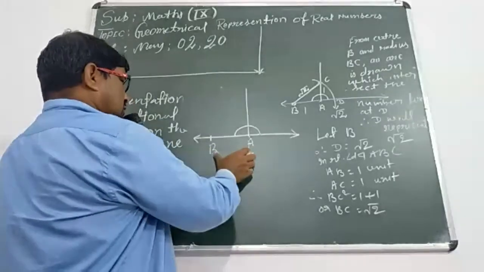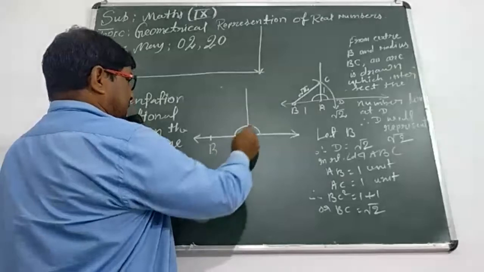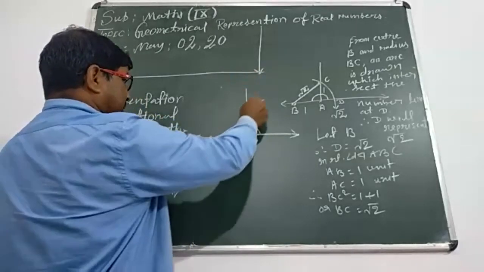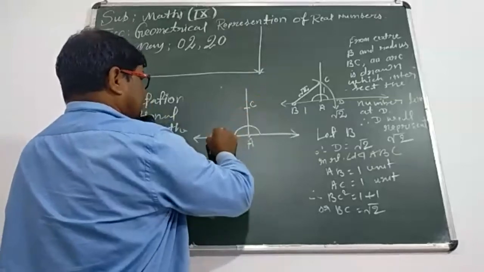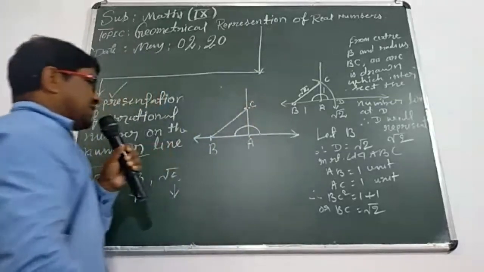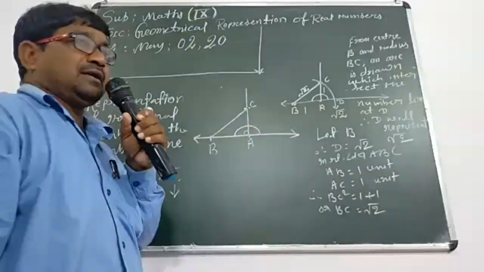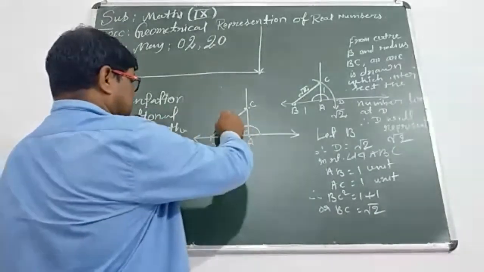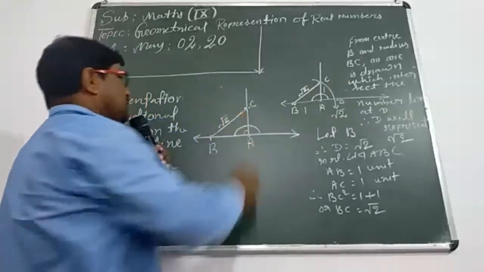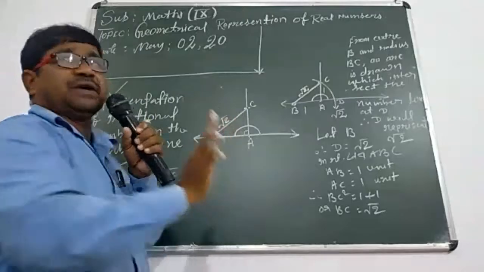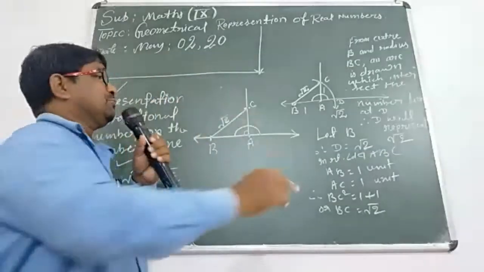So by the radius AB, we will draw an arc which will cut this perpendicular, that is C. After joining B and C, we will get a right angle triangle here, and after going into Pythagoras, we will get under root 2. So this is the representation of under root 2 on the number line.